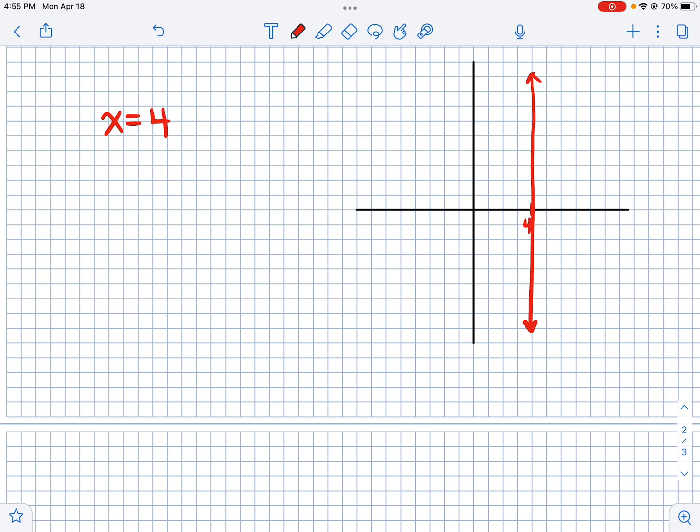So what happens when y is 5? X is 4. What happens when y is 1? X is 4. So it doesn't matter what y value we pick, x will always be 4. So this is how we write the equation of a vertical line.